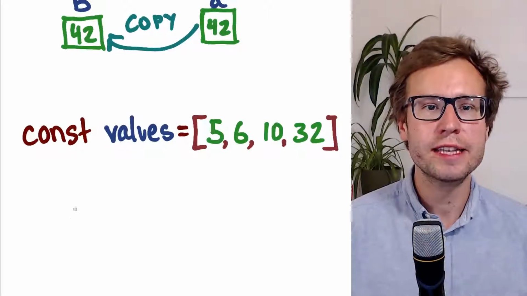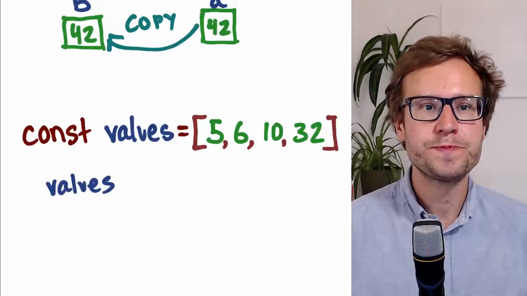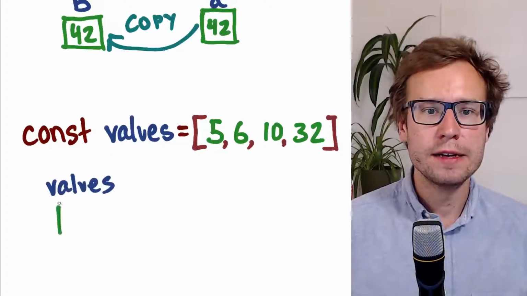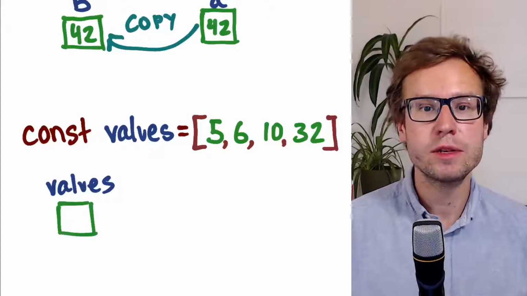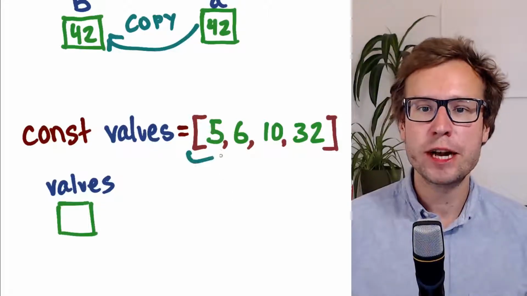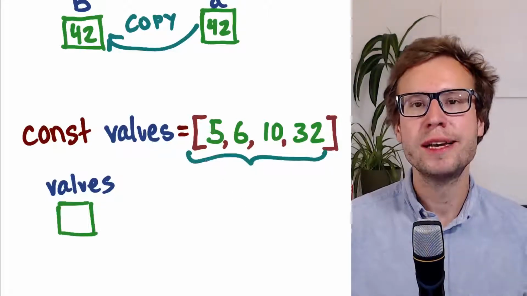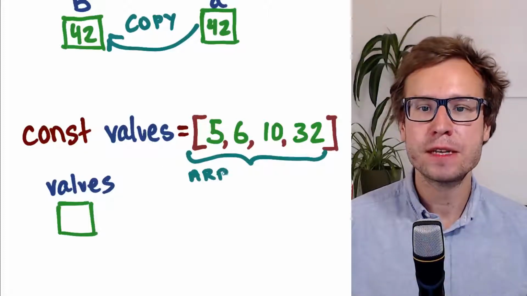So let's just draw that in the same way, where values is now a box. It's a variable. And on the right hand side, well, we actually have something a little bit more complex going on. This expression is an array expression. What happens when an array expression gets evaluated?